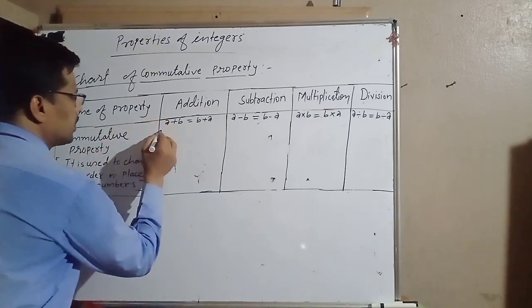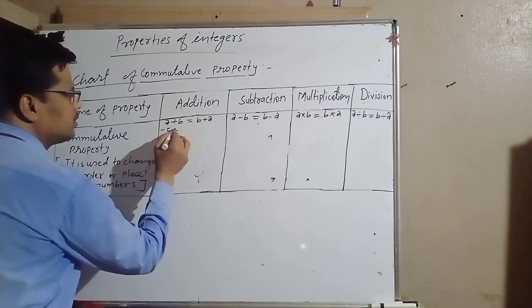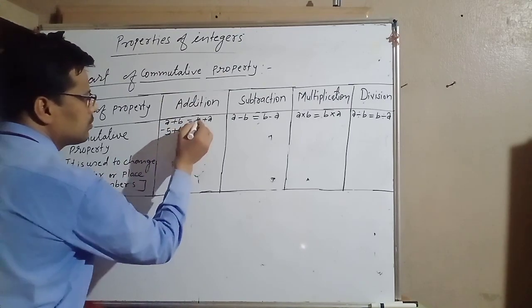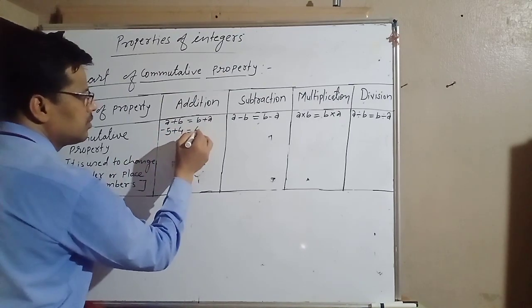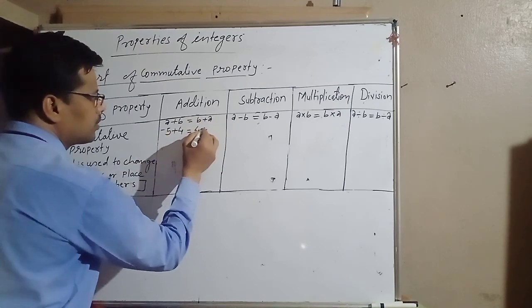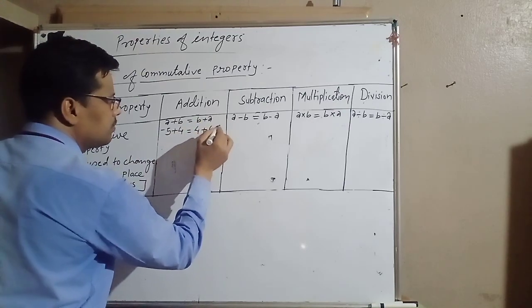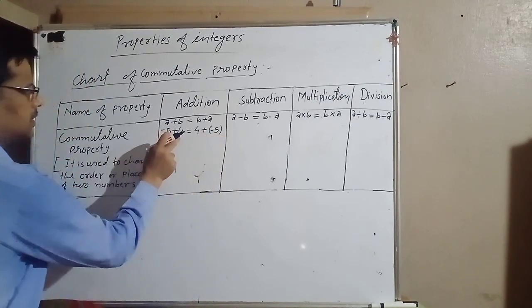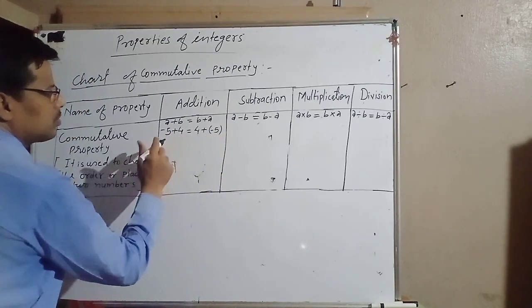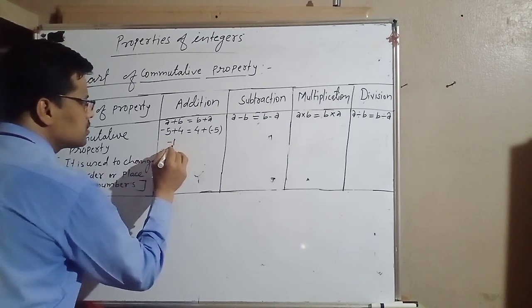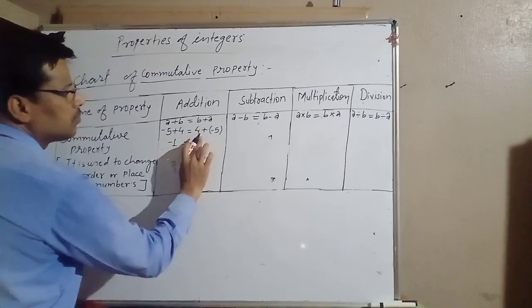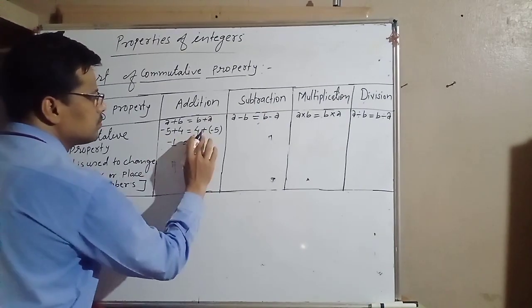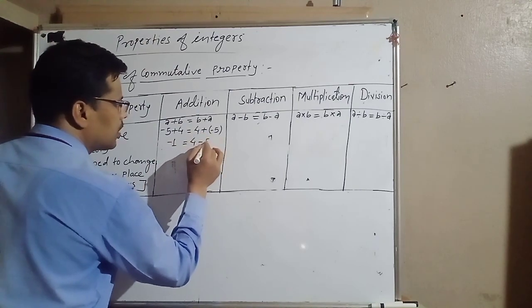Suppose a is minus 5 and b is plus 4. Here I am writing 4 in place of b, and in place of a, what should we write? Minus 5. This is a negative number, so we are putting it in brackets so we can solve it. Let's see. Here minus 5 plus 4, when we solve, what do we get? Minus 1. Here 4 will come as it is, plus minus 5.